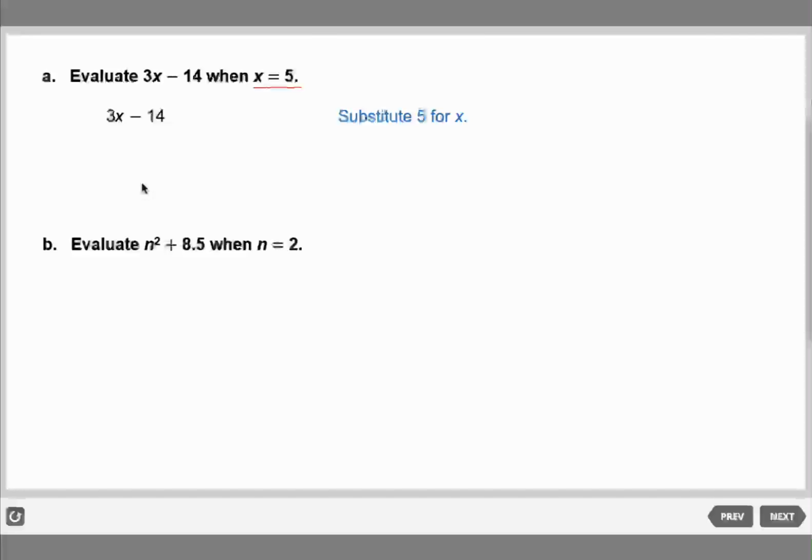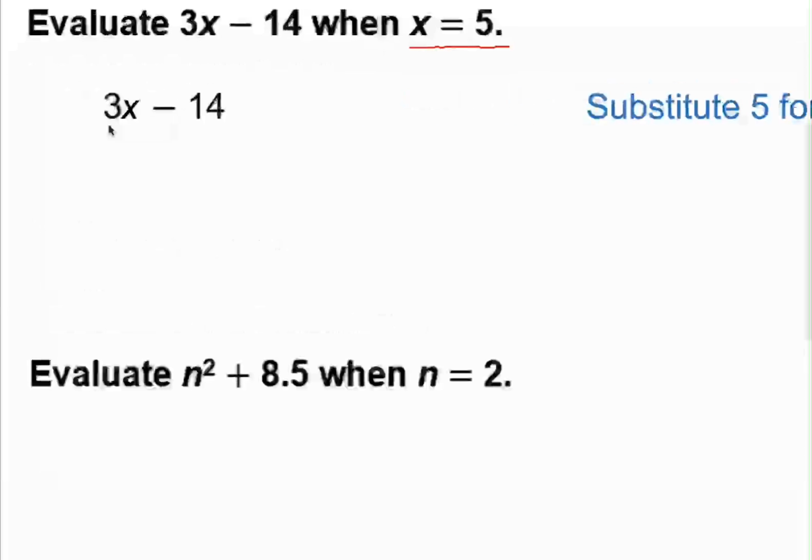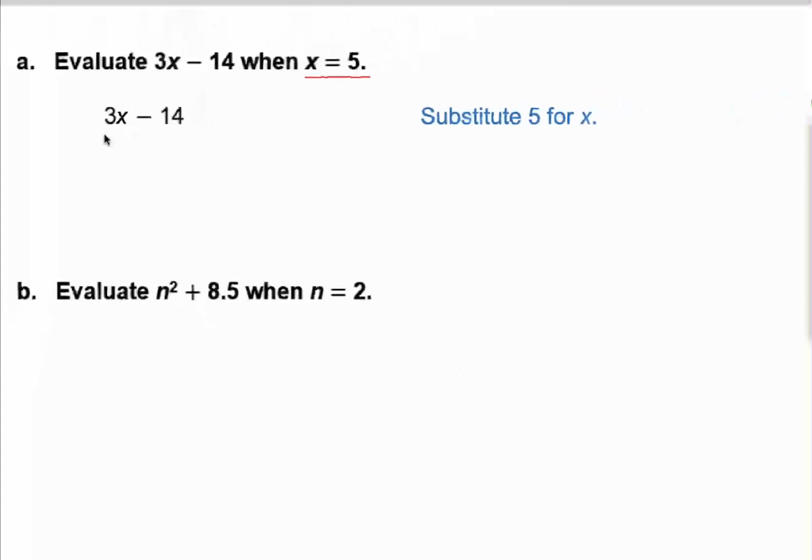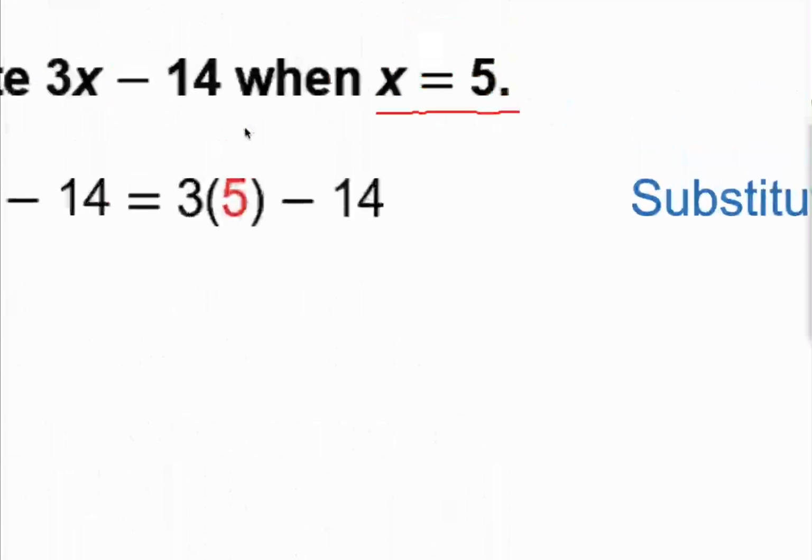But here, what is the meaning of 3x? It's 3 multiplied by x, so 3 multiplied by the value of x, which is 5. Or we can write it in brackets: 3, and in brackets the 5.